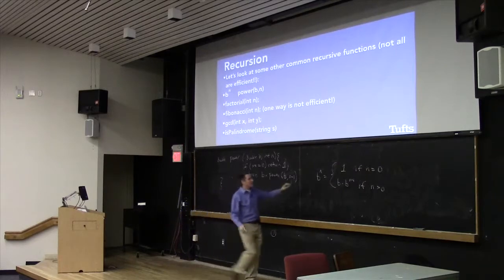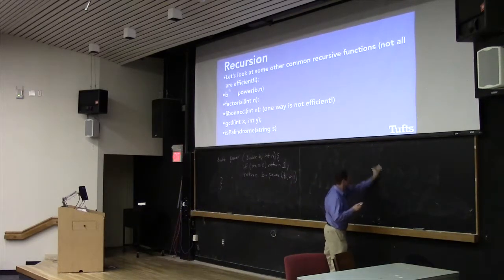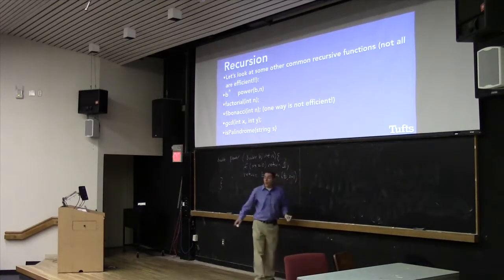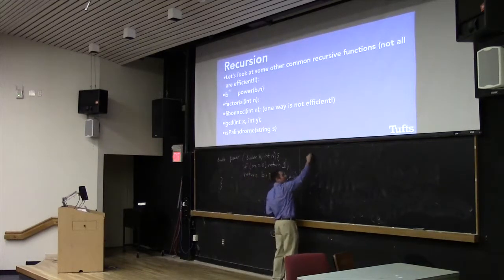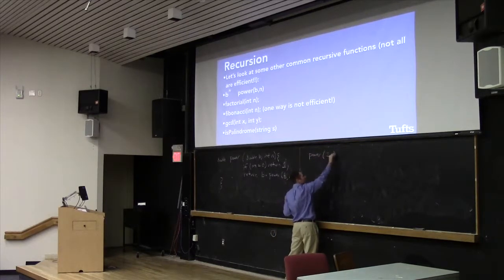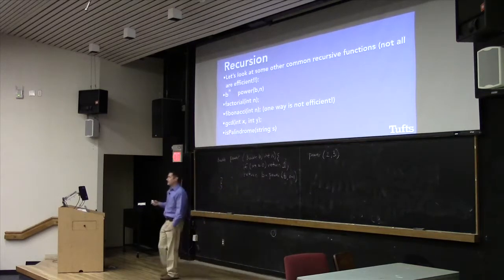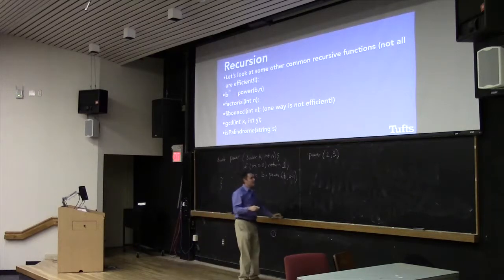So let's look at what happens when we do one of these examples. Let's do power of 2, 3. In other words, 2 raised to 3 power. We're going to hope to get 8 out of it at the end. So here's what's going to happen.